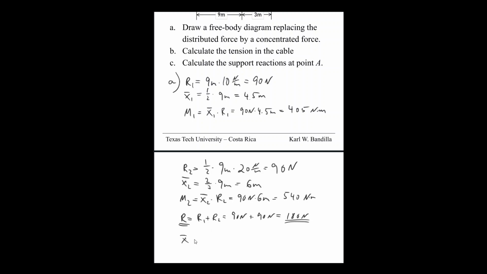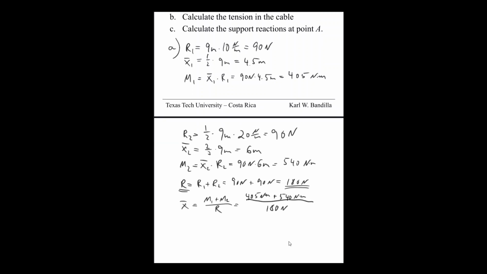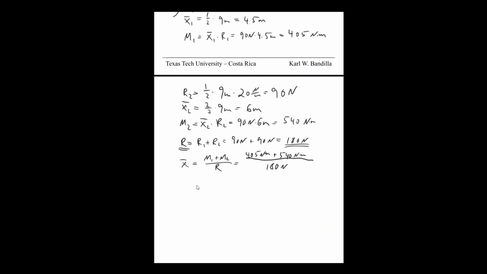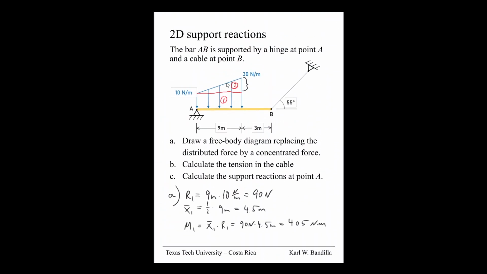And then my X bar would be M1 plus M2 divided by R. So that would be 405 Newton meter, plus 540 Newton meter divided by 180 Newton, and that gives me a location of 5.25 meters. All right, so now I know I can replace my distributed load here.